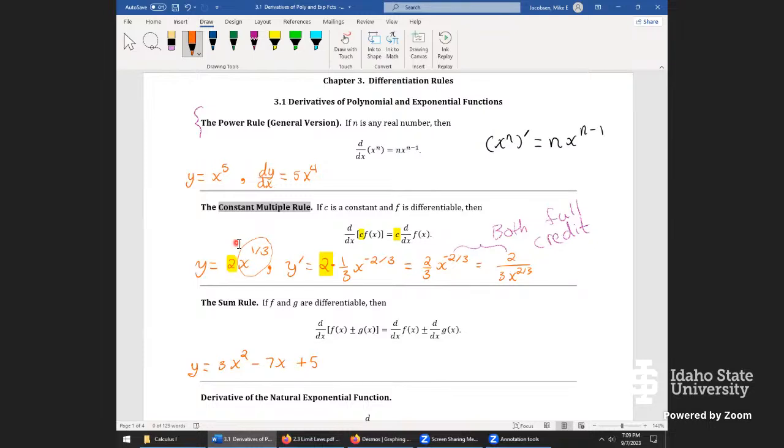We could actually calculate the derivatives of these kinds of things from scratch, finding slopes of tangent lines and so on. It's a really long process. But this is what this rule is saying. If you have two functions, either being added or subtracted, plus and minus there is just saying one option or the other, then all you do is differentiate the first function plus or minus the derivative of the second function.